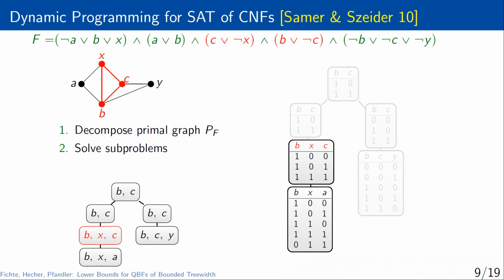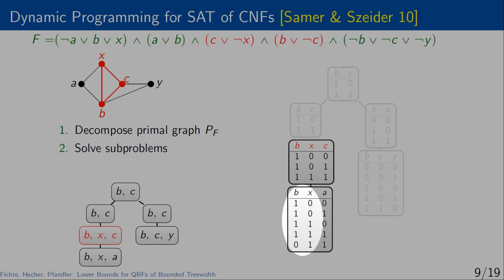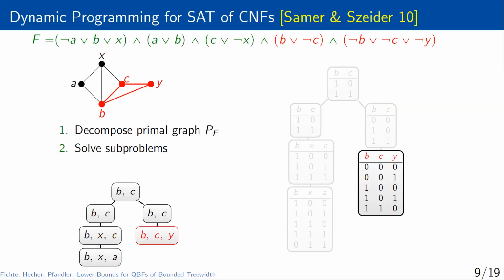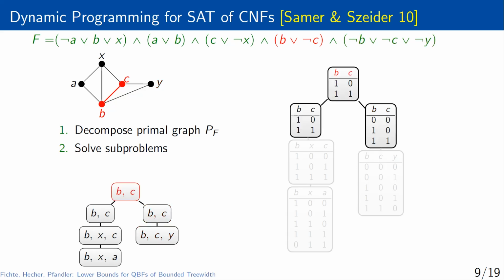This is then continued for the next node, where we take the previous table, project it to B and X, introduce C, and check all the clauses that only use bag variables, which leaves us with the next table. Then we continue the post-order tree traversal and compute tables for the remaining nodes until finally we are at the join node, where we have to merge agreeing assignments.